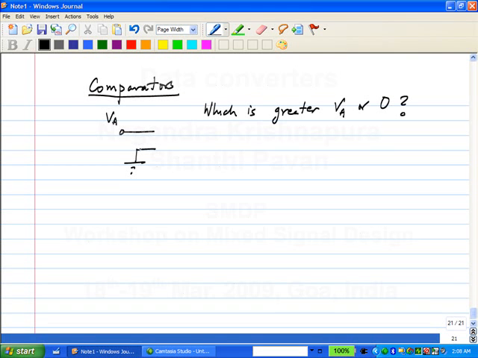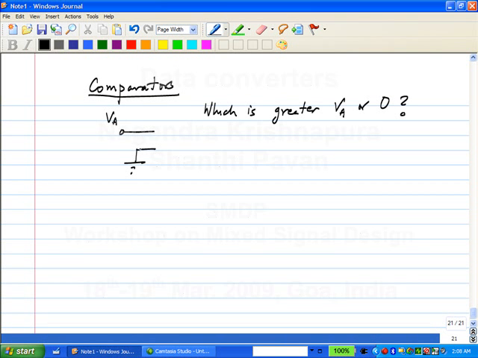Once we figure this out, it follows that we can figure out if VA minus VB is greater than 0 or less than 0, which is equivalent to saying we can figure out if VA is greater than VB or vice versa. Correct? So I have transformed the original problem into something which seems slightly simpler.